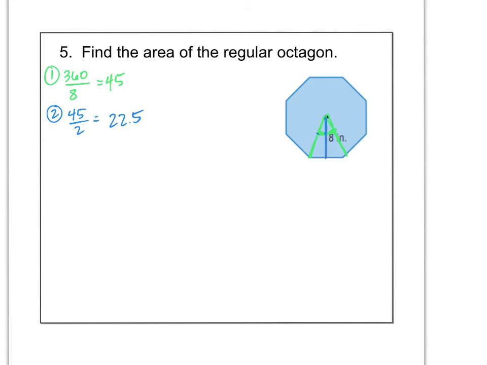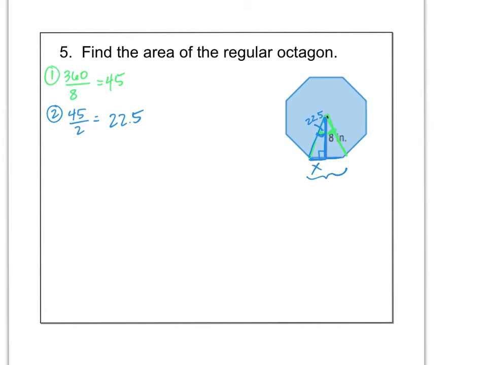And the reason we do that is because then we get a little right triangle where this side over here is 8, and we can use the fact that this is a 22.5 degree angle to find that part down on the bottom. And then once I know that part, that can be doubled to get the entire base of our triangle.